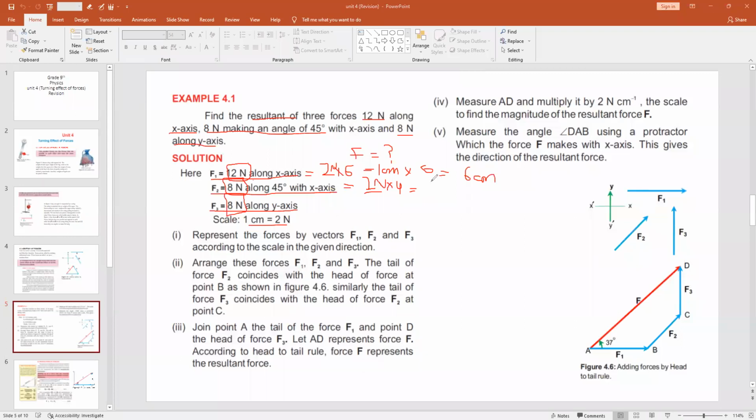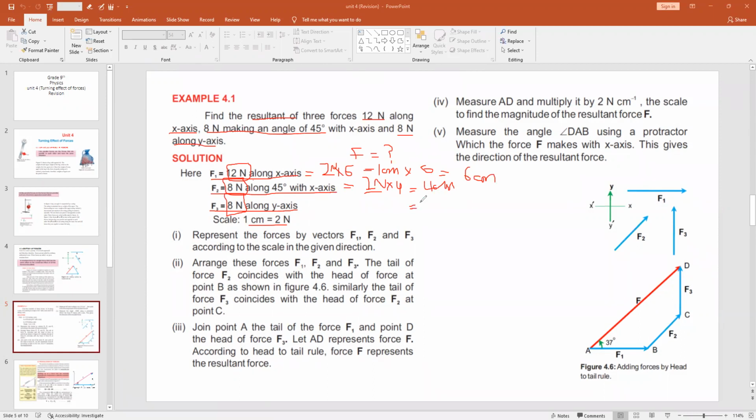So we will get this force F2 equal to 4 centimeter. Then similarly for F3, it is again 8 Newton. So I can multiply 2 Newton by 4, which is also equal to 4 centimeter.